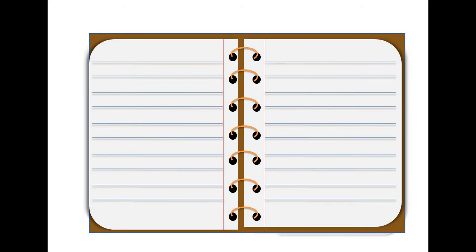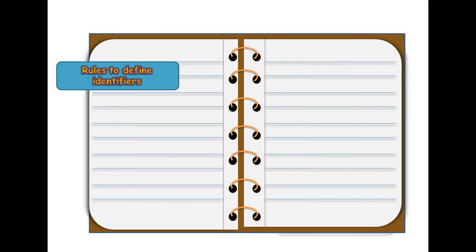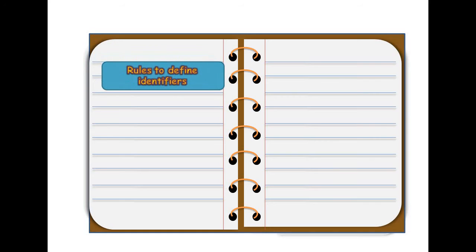We have some rules to define an identifier, so we have to follow these rules. First one: allowed characters are small letters a to z, capital A to Z, 0 to 9, underscore and $. These two special symbols only are allowed in Java.